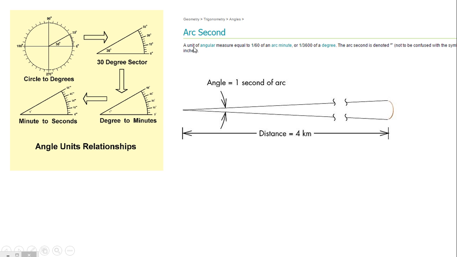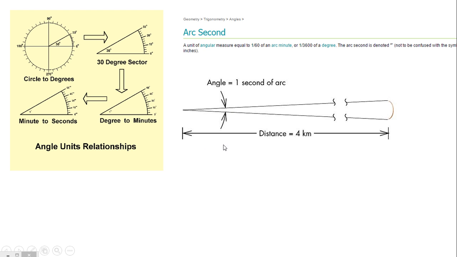So here you have it by definition: a unit of 1 second of arc is 1/60th of a minute, or 1/3600th of a degree.